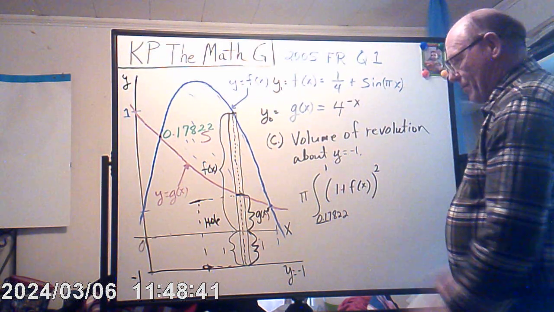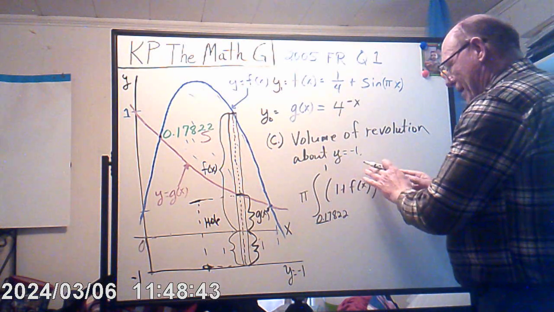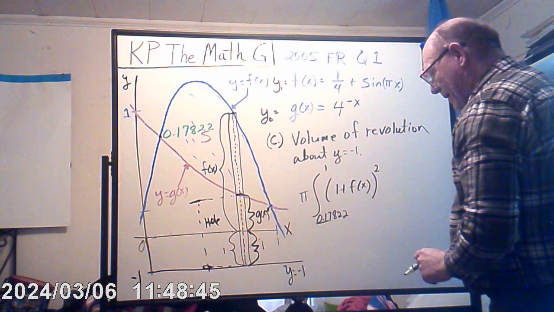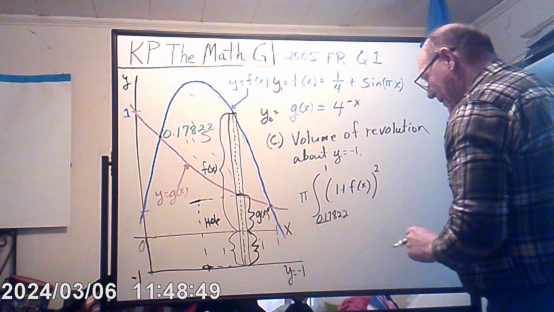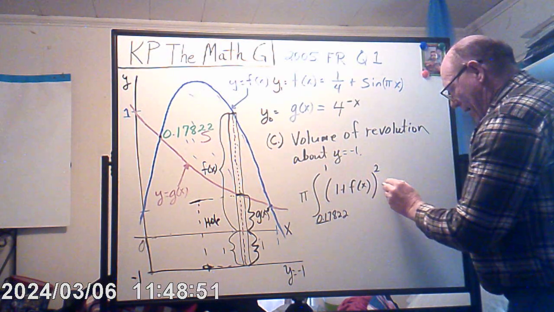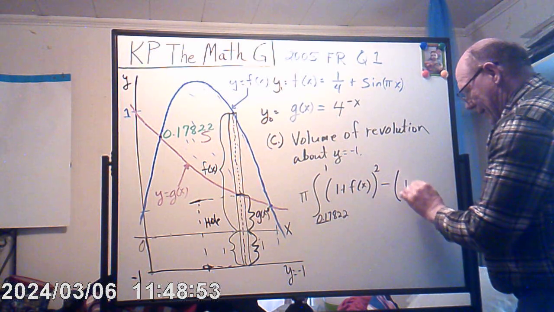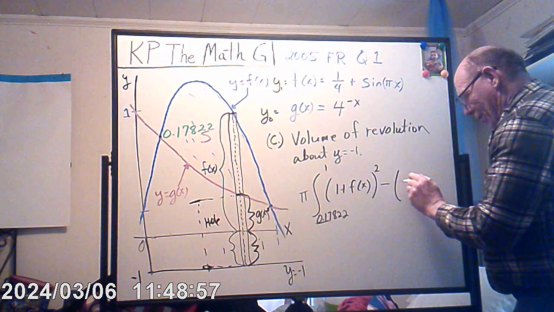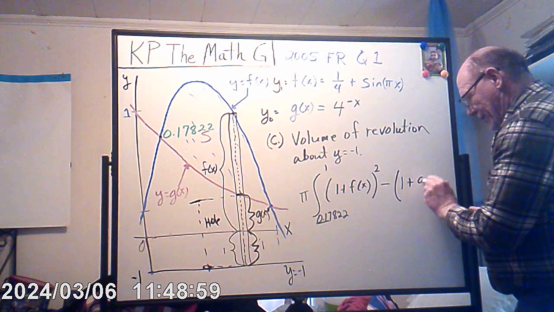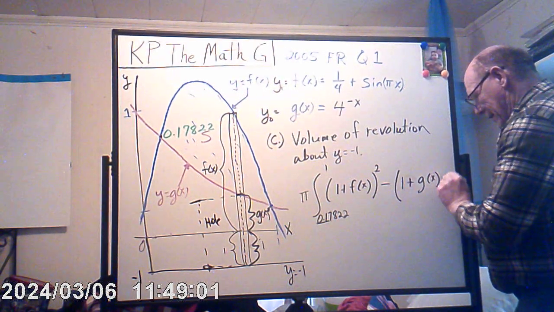Remember pi r squared. I put big R and little r, but actually it's r squared. Minus 1 plus g at x.